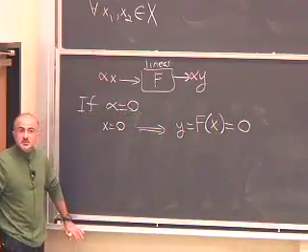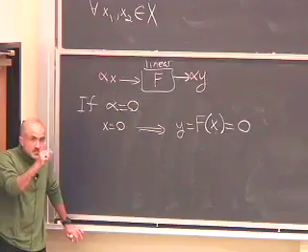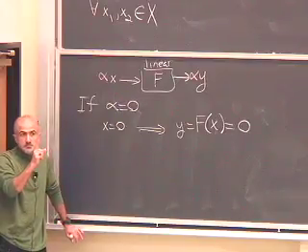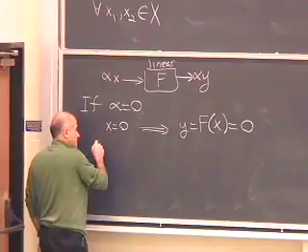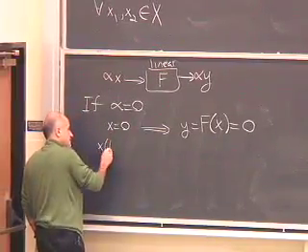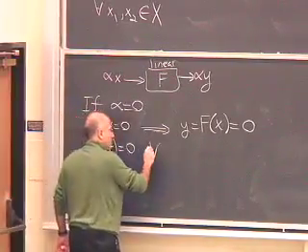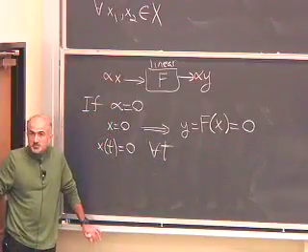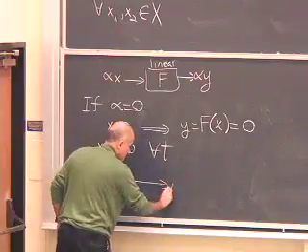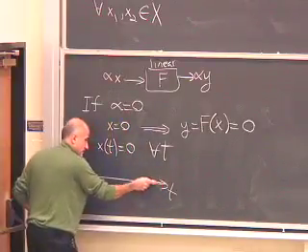When we say a signal is 0, we're not talking about just one instance in time. When I say x is 0, that means x of t is 0 for all t. That's what it means. When I plot it, that's what I get.